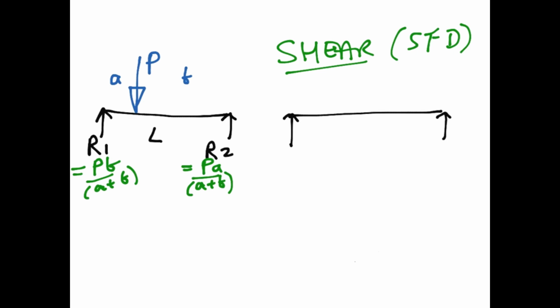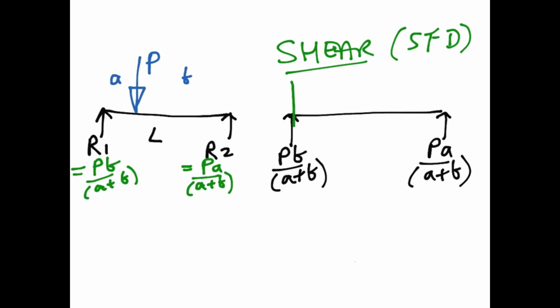So we've got the reaction PB over A plus B, and we've got PA over A plus B. Okay, and we know that because we've got this equilibrium, at that support we have got PB over A plus B. Just for completeness, let's put the shear force P in.